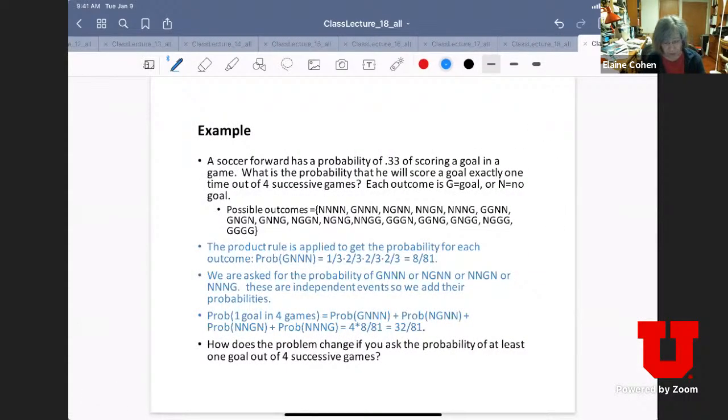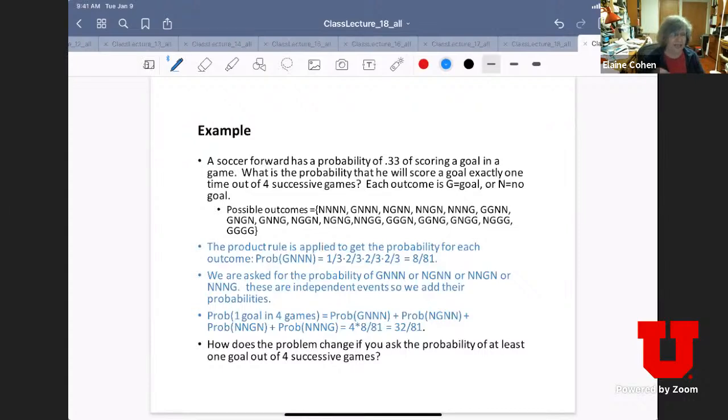So a soccer forward has a probability of 1/3, 0.33, of scoring a goal in a game. What's the probability he'll score in exactly 1 game out of 4 successive games? Each outcome is goal or no goal. So what is my sample space? My sample space is listed there. There are 16 outcomes.